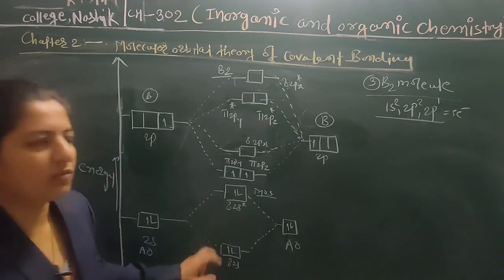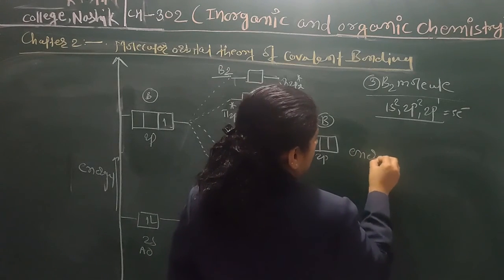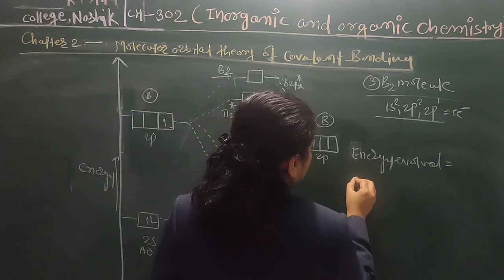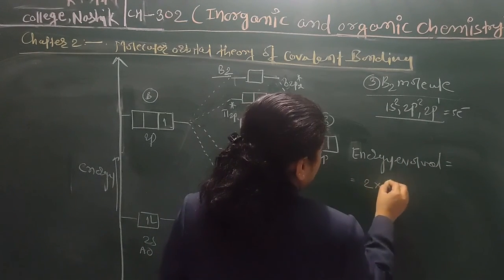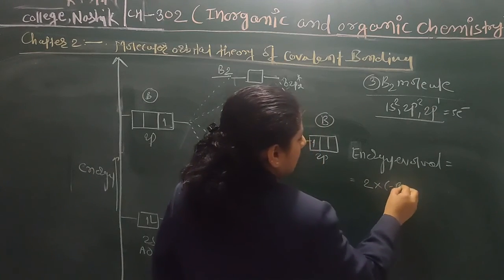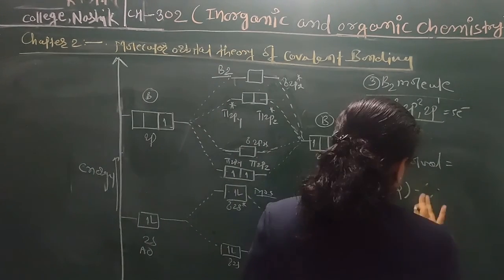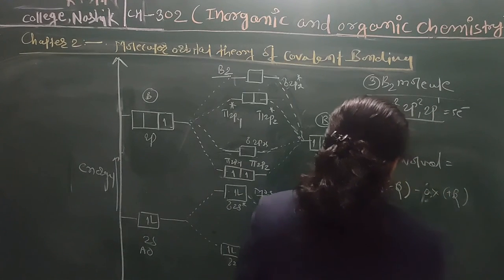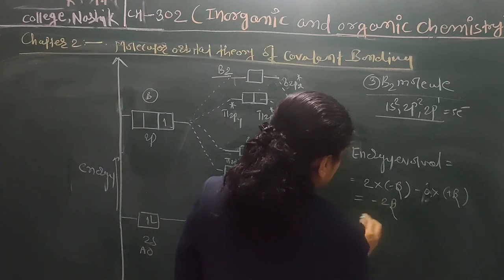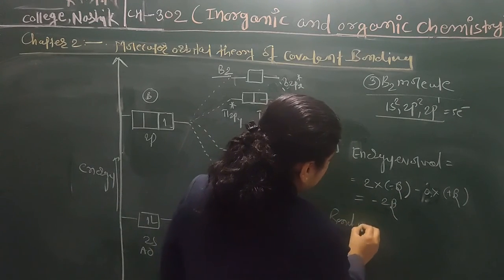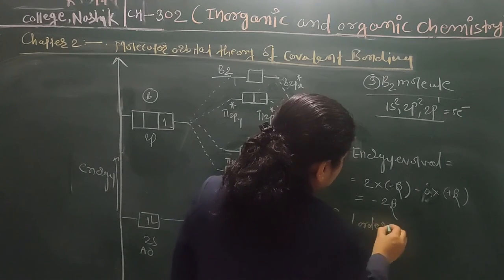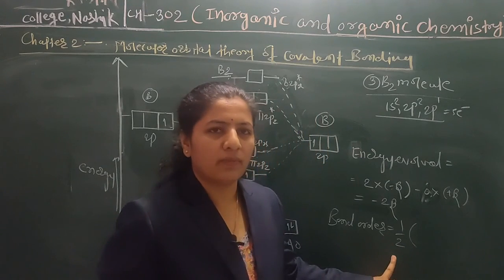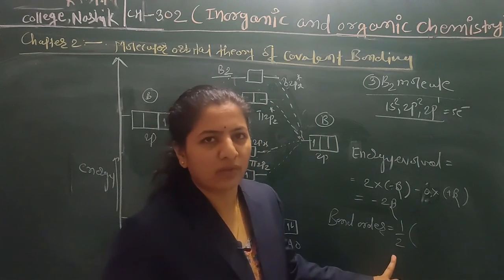Now what about the energy? The bond order of that molecule is equal to half, as we know, the number of bonding minus the number of anti-bonding molecular orbitals.